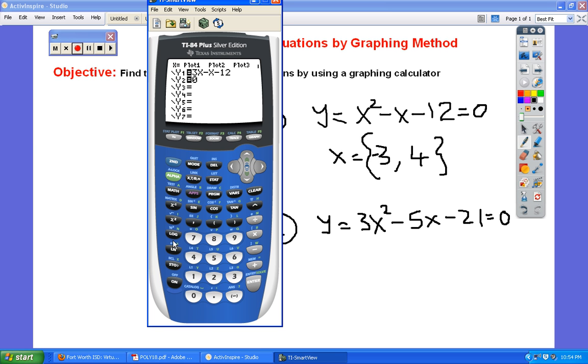3x squared minus 5x minus 21, then graph. Okay.